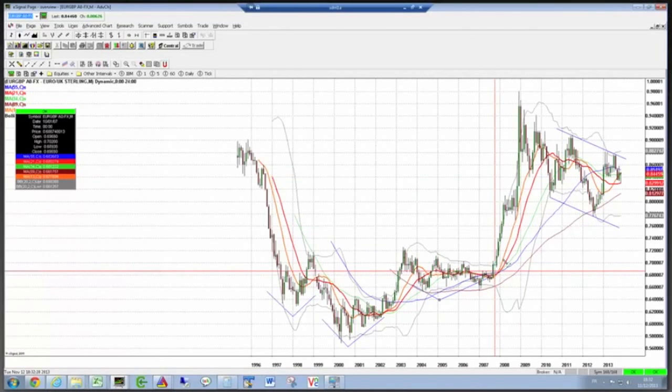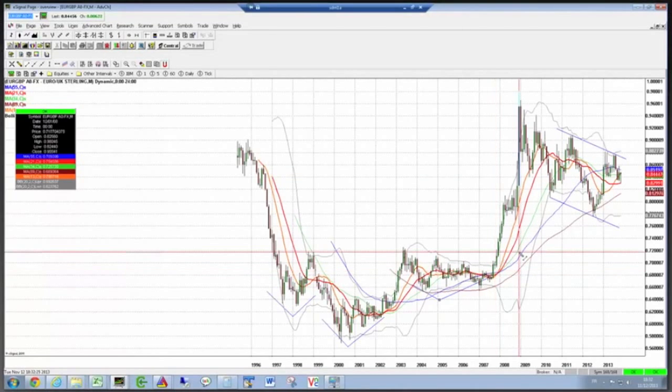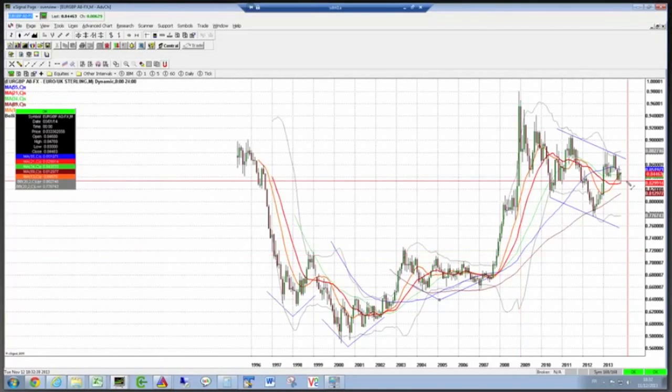So I think for several investors, several traders, the technical configuration seems to be not very clear. But if you have a look at monthly charts, you can see that we have more and more bullish arguments on a monthly chart and on a weekly chart.